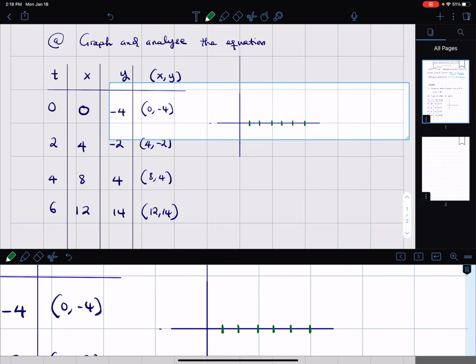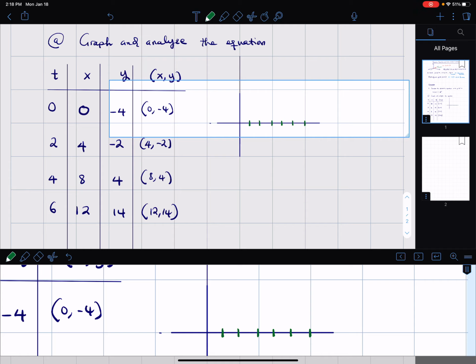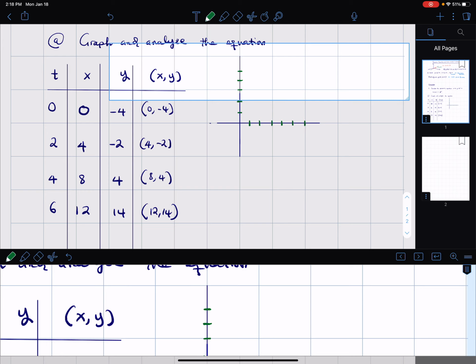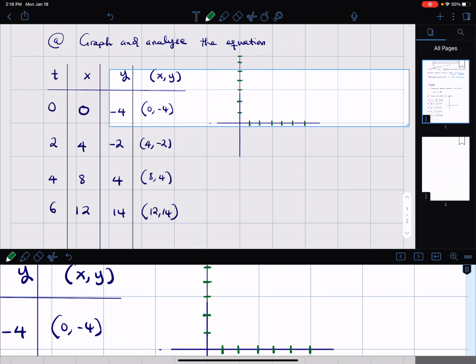Let's see if I can go all the way to 14. This is so uneven. Oh, I can go to 14, but it's going to be so uneven.